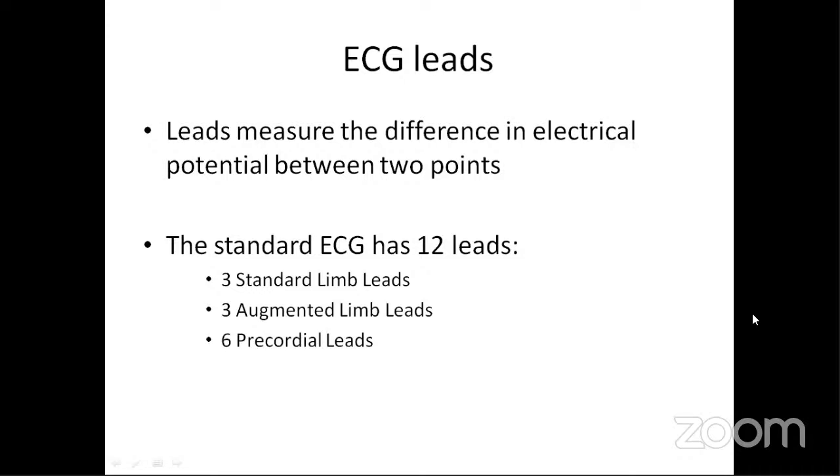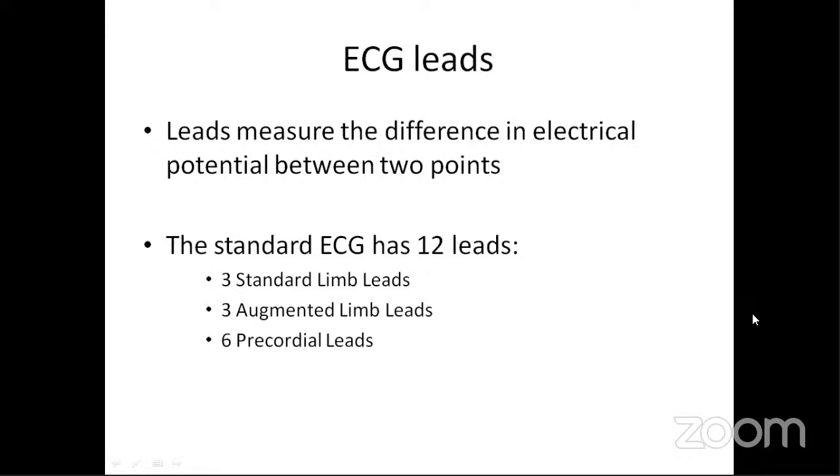So the ECG is acquired with the help of electrodes, not sensors. The electrode picks up the electrical signal from the surface of our body, so for that we need leads. Only then can you get the difference in electrical potential between the 2 points. And there are standard ECG leads, called the 12 lead system.